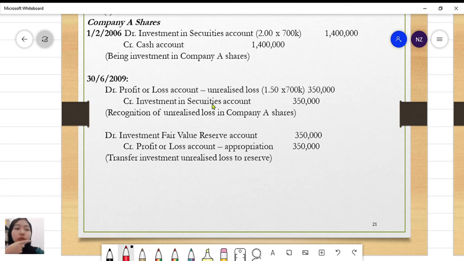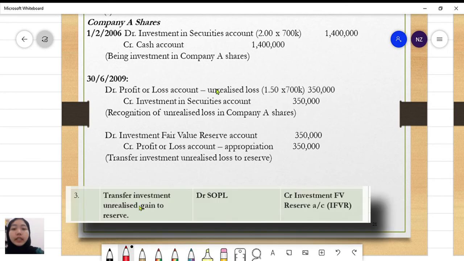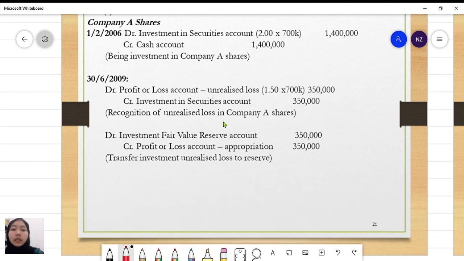Then, to record the unrealized gain, we can transfer this unrealized gain to the reserve account. But this is an unrealized loss. So how do you transfer this unrealized loss? Of course we just contra it back. If a gain, we credit the investment fair value reserve account. If a loss, we just debit it like this.